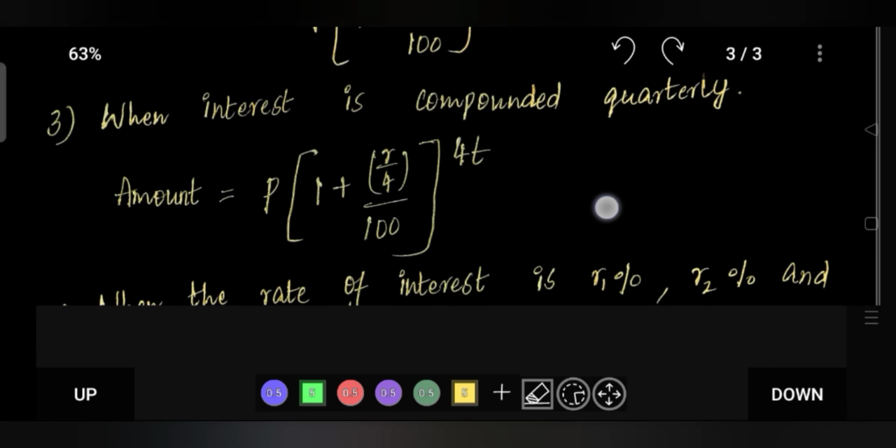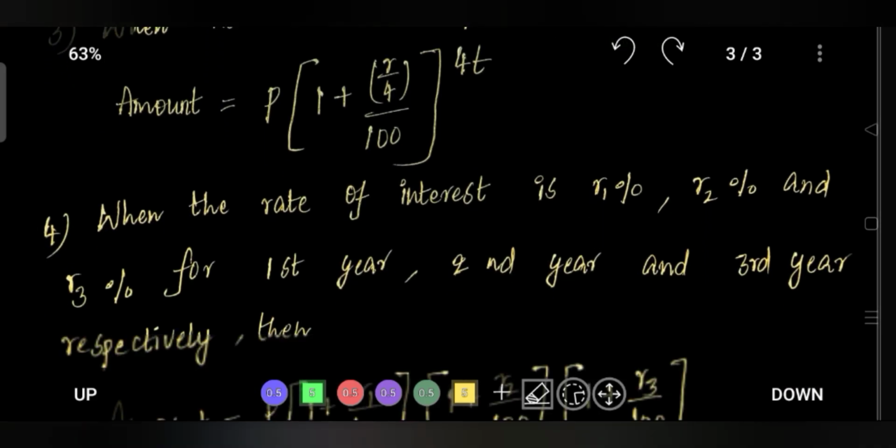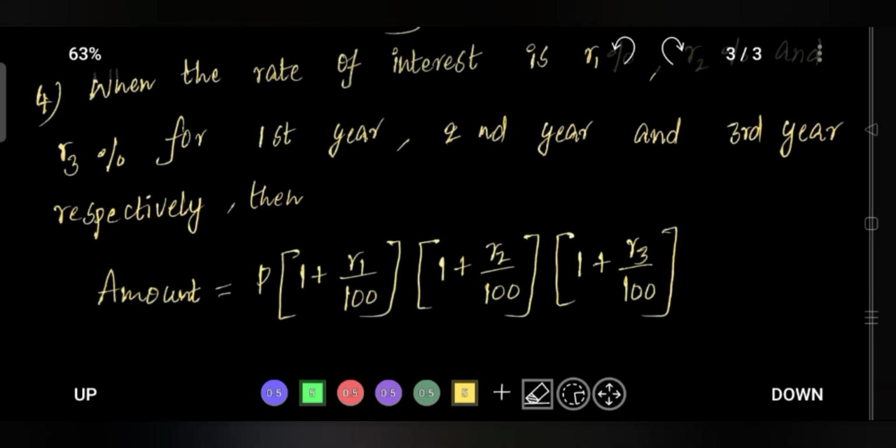And last but not the least, this is a very important formula. When the rate of interest is r1%, r2% and r3% for the first year, second year and third year respectively, the amount at the end of the third year will be principal into 1 plus r1 by 100.